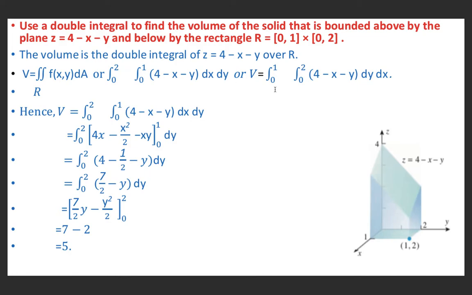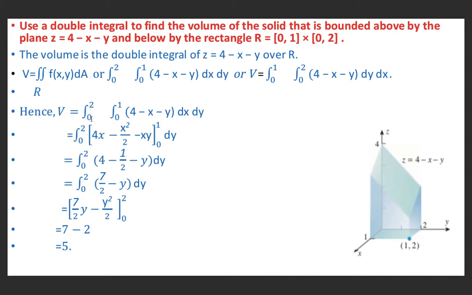And also this is equal to the double integration of 4 minus x minus y, first with respect to y between the limits 0 and 2, and then with respect to x between the limits 0 and 1. So all these three are the same. You may integrate first with respect to x or first with respect to y. So I have considered this one.